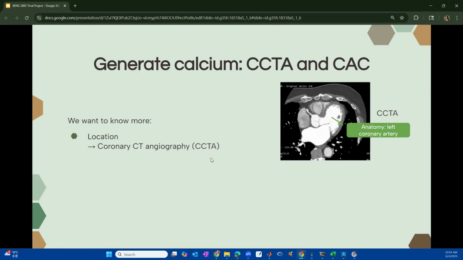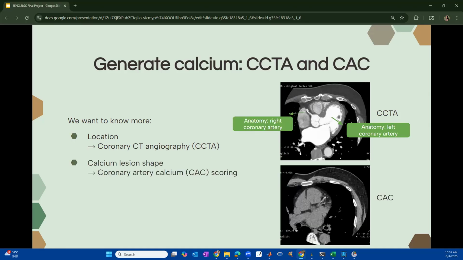And second, we'll be using a coronary artery calcium, also CAC, score image. This highlights where the calcium deposits are, so they guide us in understanding the lesion location and density. With both types of scans in hand, we use a GAN-based model to synthesize realistic calcium lesions. Up next, Cassie will walk through how GANs are applied in our project to make this possible.